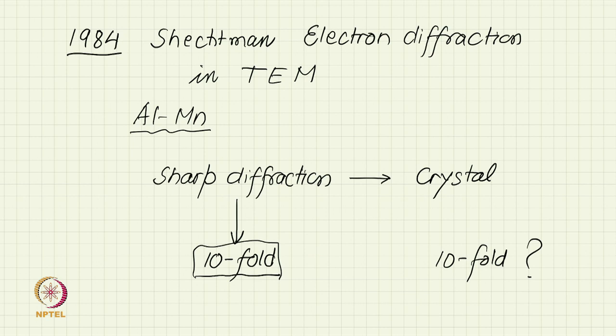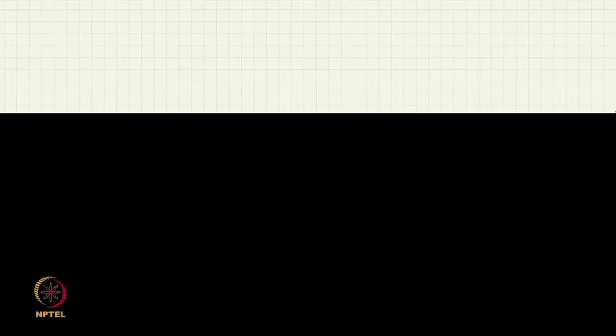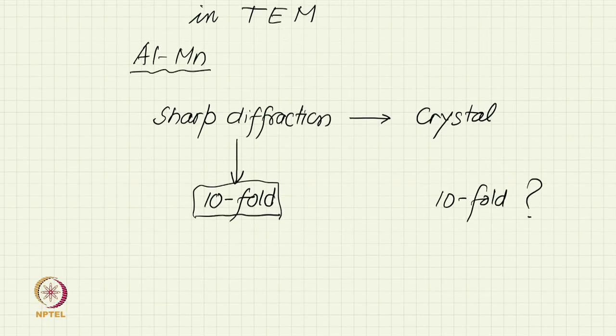So, finally what got established was that this logic that only crystal can give you sharp diffraction had to be revised, and a new class of material was found.